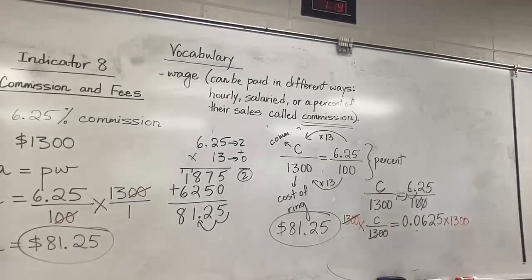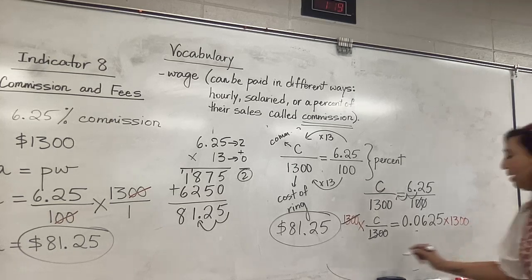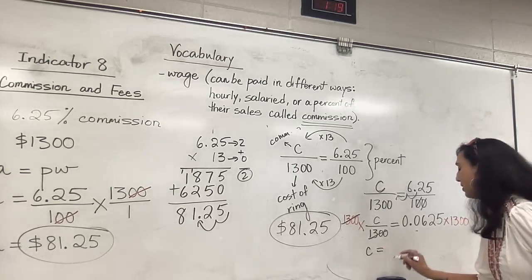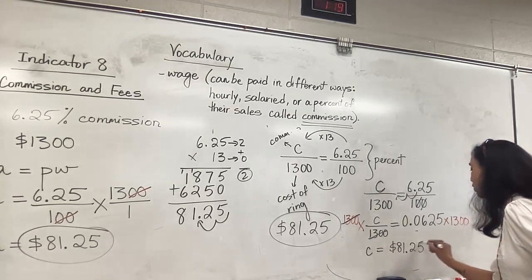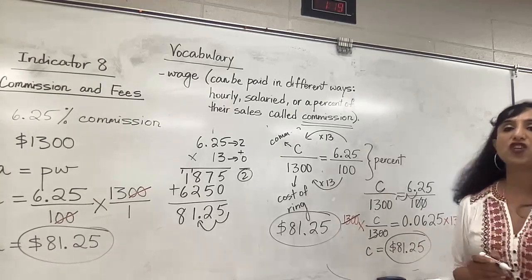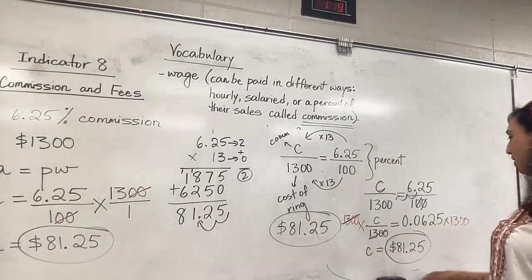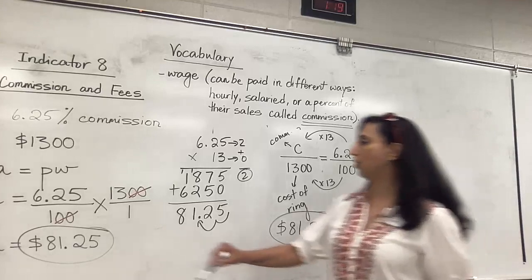And then what am I left with? When I multiply 625 10,000 times 1300, I am again going to get C is equal to $81.25.